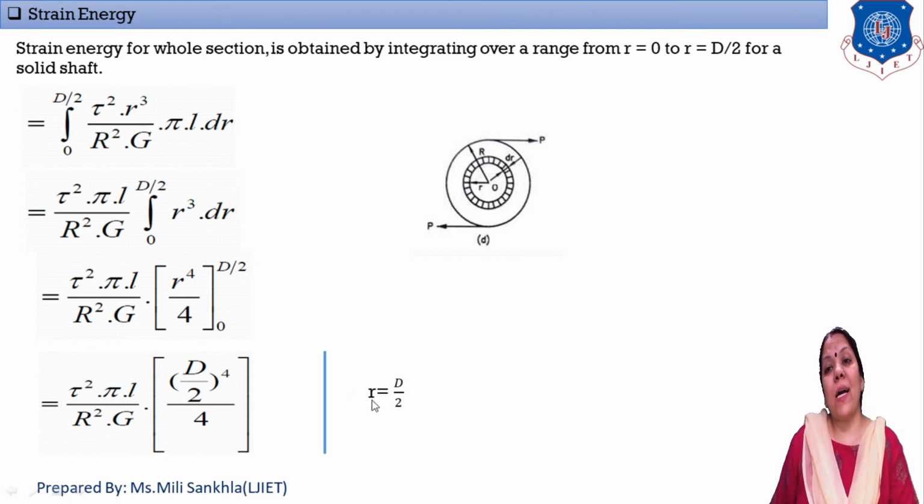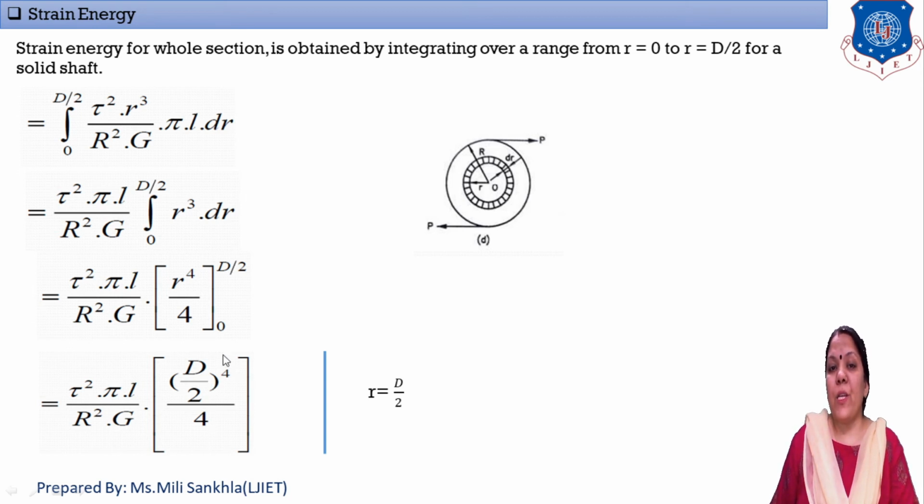Now what is R? R is equal to D by 2, capital D by 2. Here from 0 to this point, r is equal to capital D by 2. Put this value in. Look at this: τ² π L, capital R² into shear modulus, then r is D by 2, that means (D by 2) raised to 4 divided by 4.